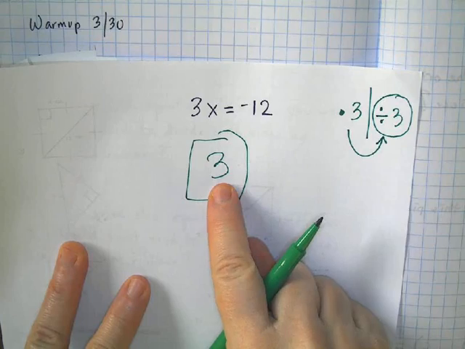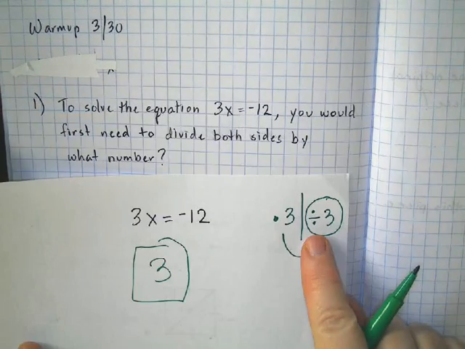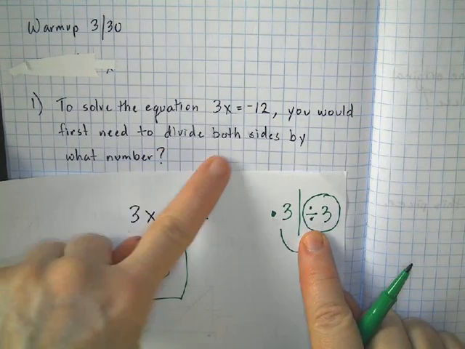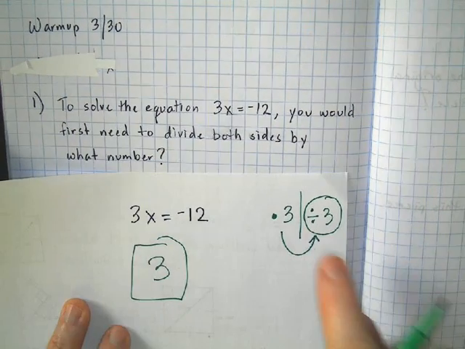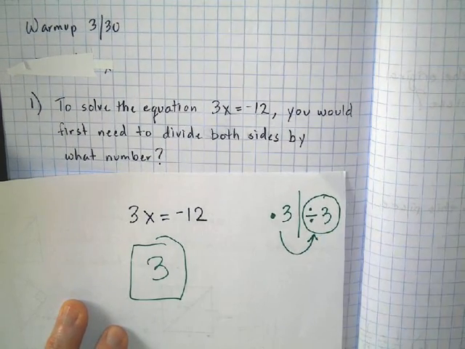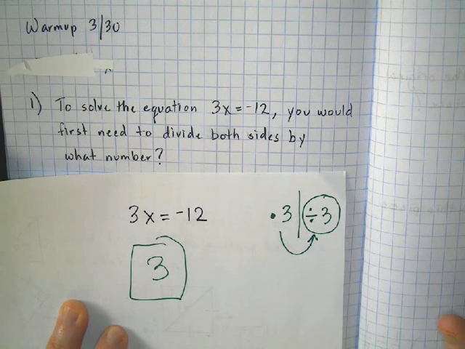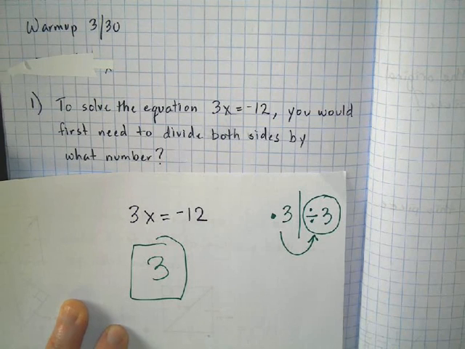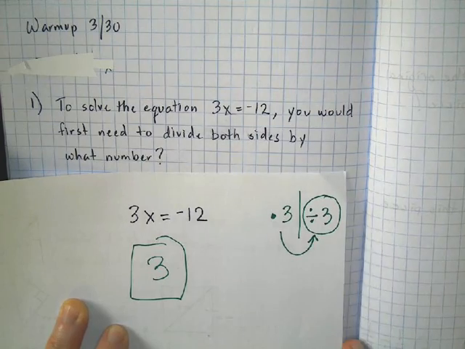You just need to divide by 3. You would first need to divide both sides by what number? 3. That's it. You do not solve the problem. Okay? That's all you do. So in Math Space assignment number 14, the second problem was just like that.